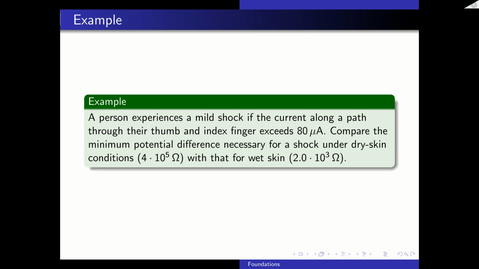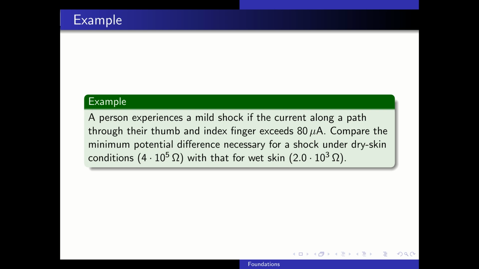The resistance of that path might be on the order of 400,000 ohms, 4 times 10 to the 5th ohms. When the skin is wet, that resistance will drop by a factor of about 100 to about 2,000 ohms, or 2 kilo ohms.